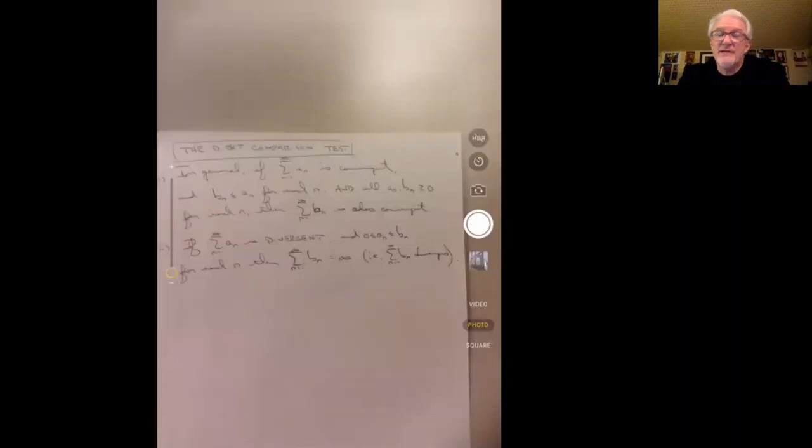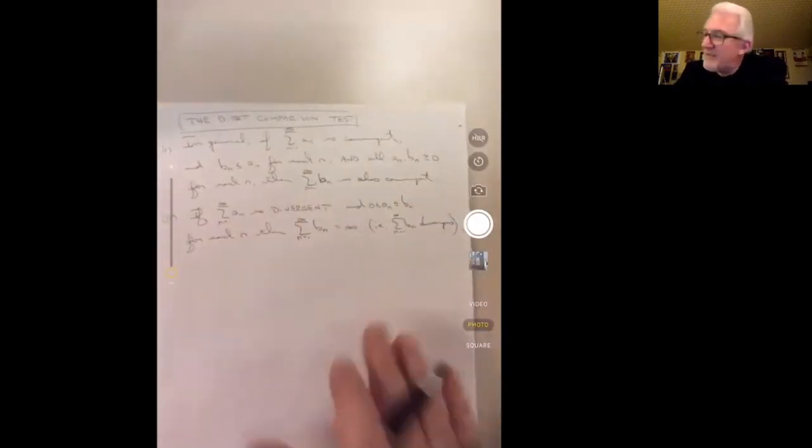All right, I'm going to write that down again. It's very important to what we're going to do in order to prove the direct comparison test, to give something a little bit more rigorous rather than just the hand-waving argument that I gave here.